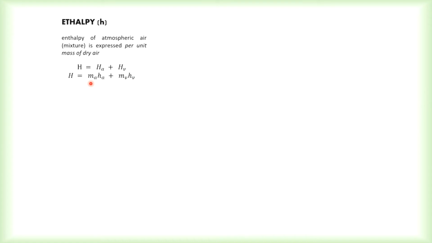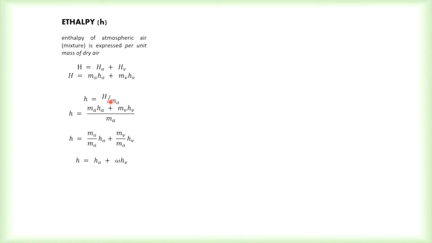If we start dividing the whole equation throughout by MA, then H divided by MA will give you the specific enthalpy of the mixture.